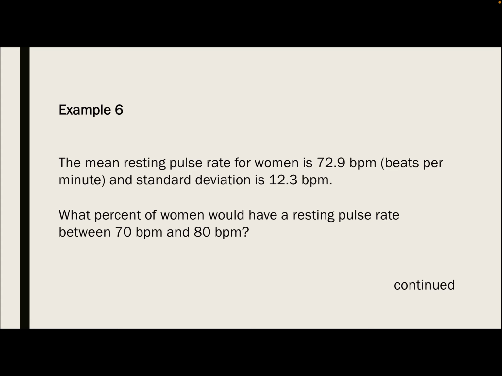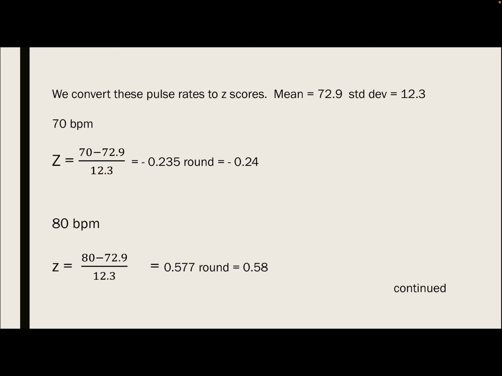Example 6. The mean resting pulse rate is 72.9 beats per minute. Standard deviation is 12.3. What percent is between 70 and 80? We convert those to z-scores. The mean 72.9, standard deviation 12.3. We're doing between 70 and 80.